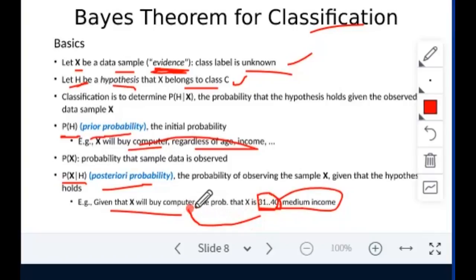Here the attribute values are taken into consideration. So this is the posterior probability.